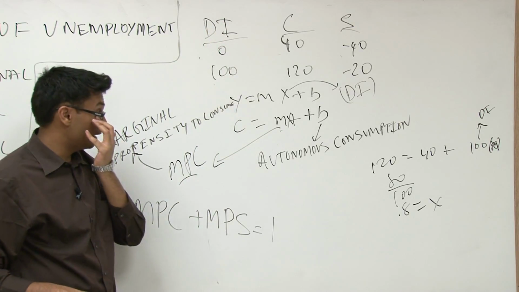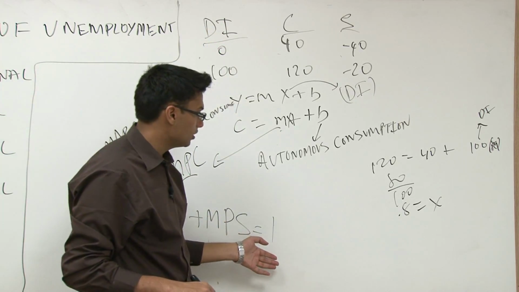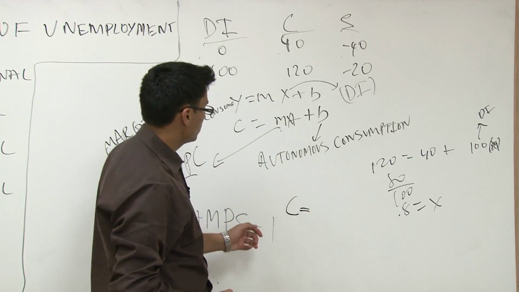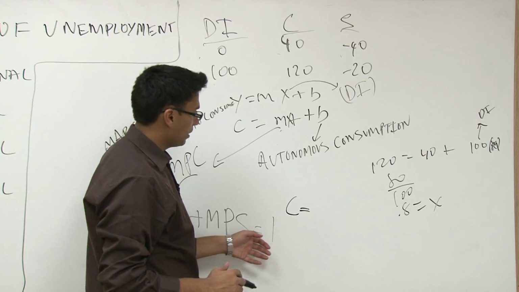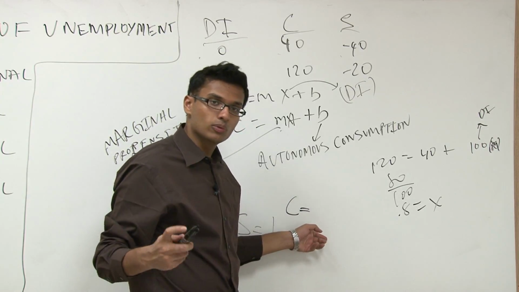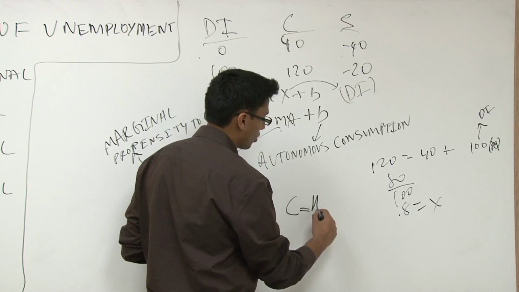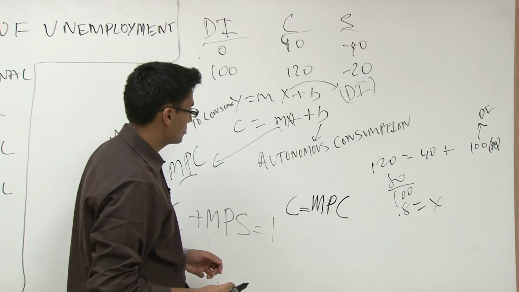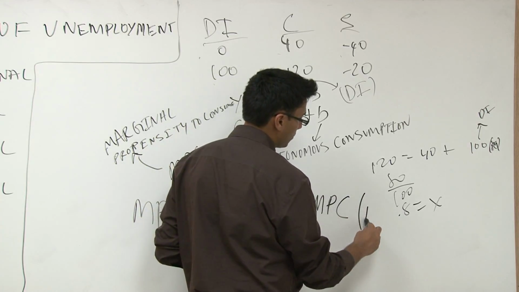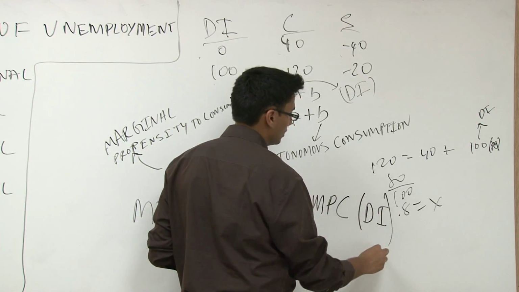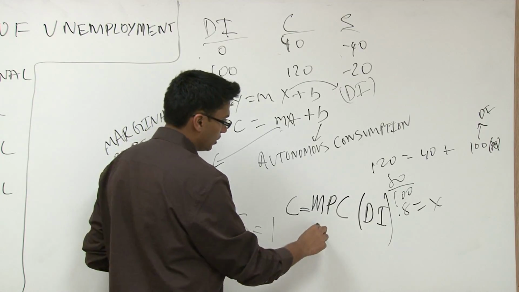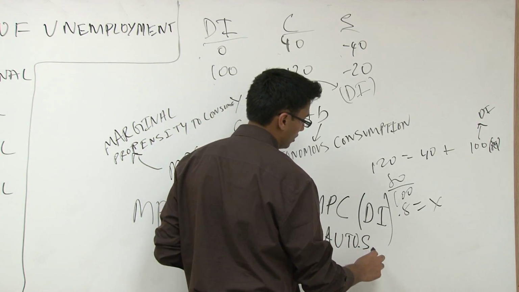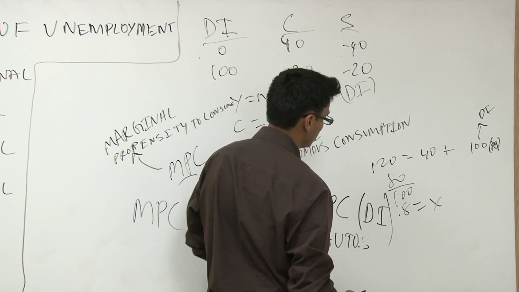First of all, let me give you the equation for a consumption function. Consumption is equivalent to the MPC, which we'll talk about a little more in detail, which is the marginal propensity to consume, times the disposable income, plus the autonomous consumption.